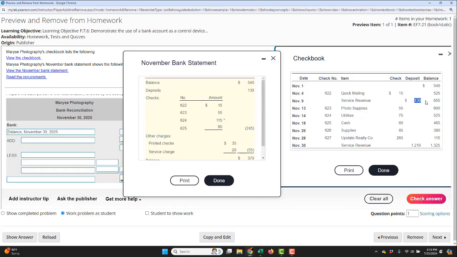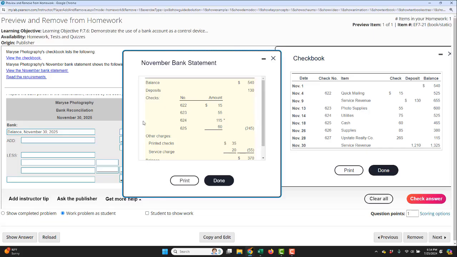So this $130 is in there. You can also see check 622, $15 in the checkbook, and you can see it also reflected here in the bank statement. So these two so far are okay. And if we just keep going down, we can see that 623 and 623 are both here.